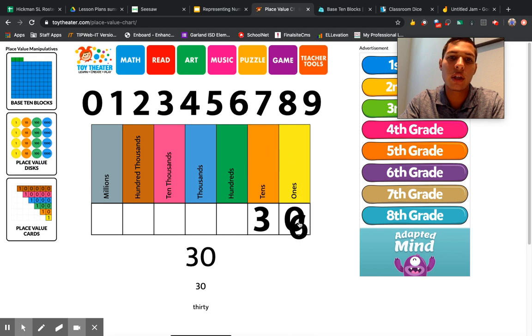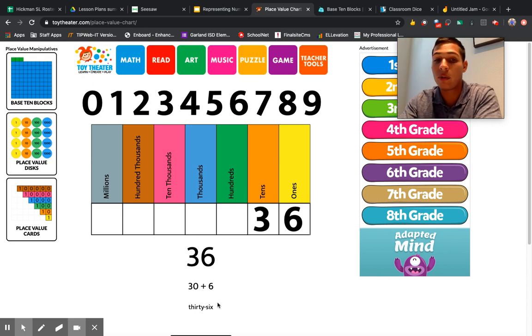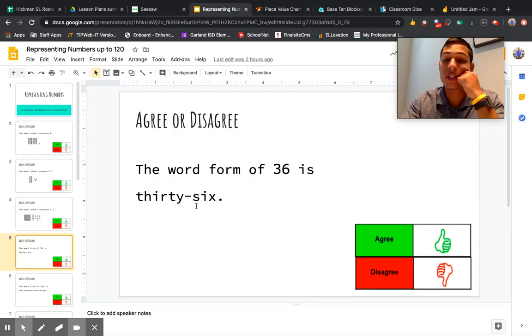No, 36. And this actually does something very neat for us. It gives it to us expanded and in written form. Check that out, 36. Take a look at those words. Thirty-six. And now let's see if it matched our other word in our other slide. Thirty-six. Perfect, right? We were right there.